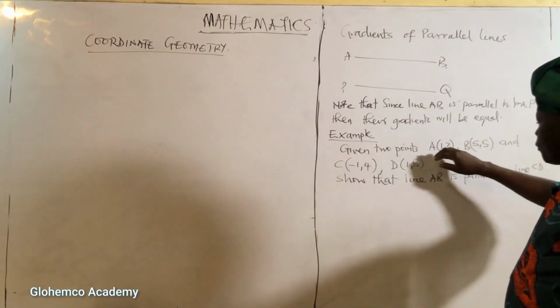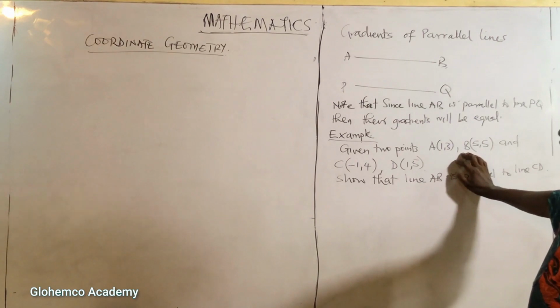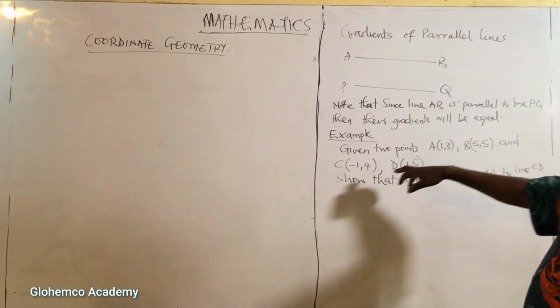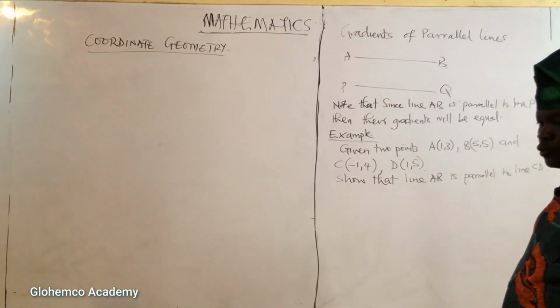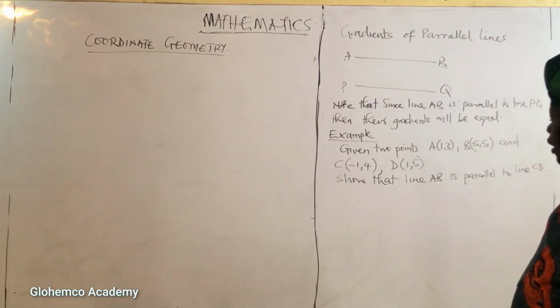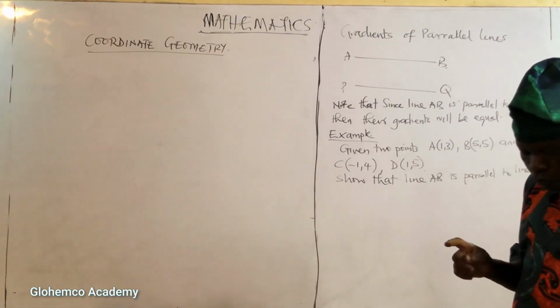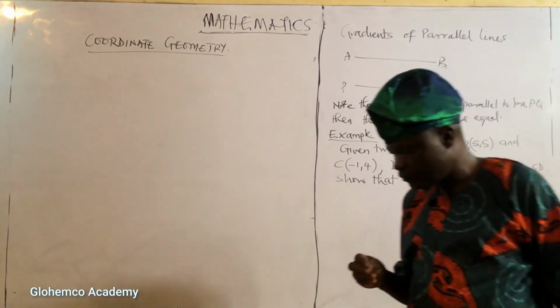You have been given 2 points, A and B, which make a line, and C and D is also a line. We have to show that line AB is parallel to line CD.